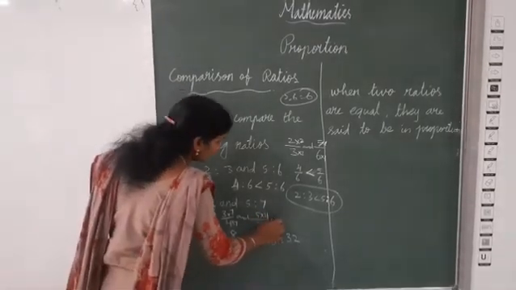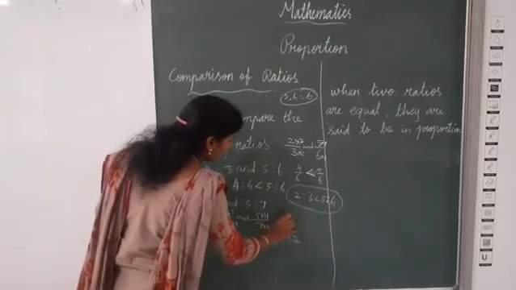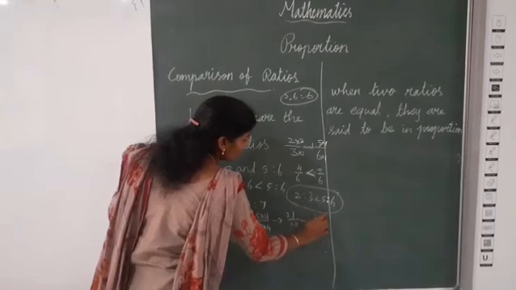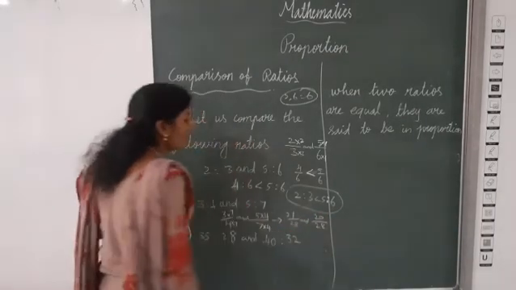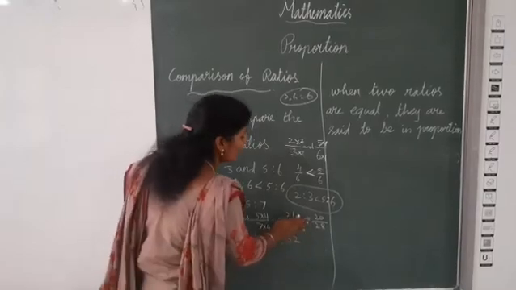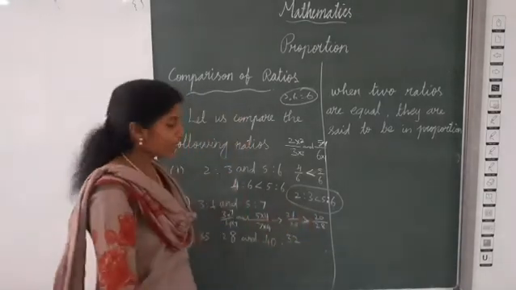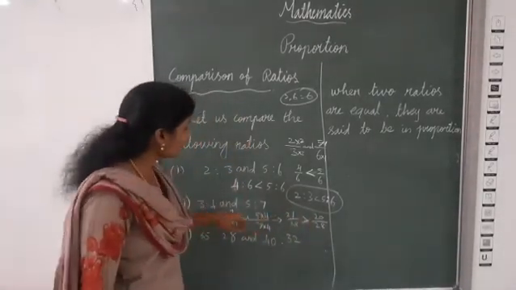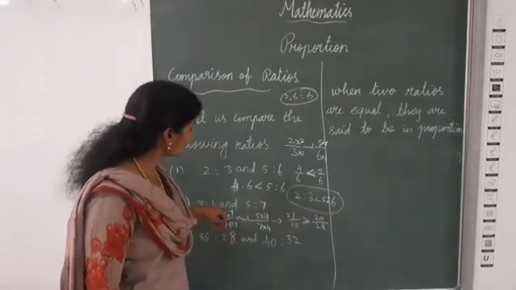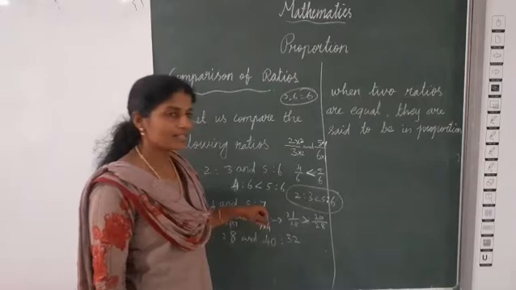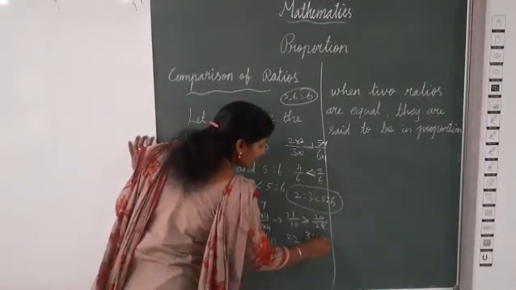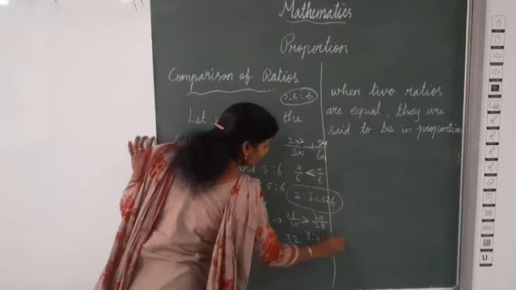So what do we get? 7 3s are 21/28 and 5 4s are 20/28. Now which is greater? 21 is greater, which is 3/4. So 3:4 is greater than 5:7.